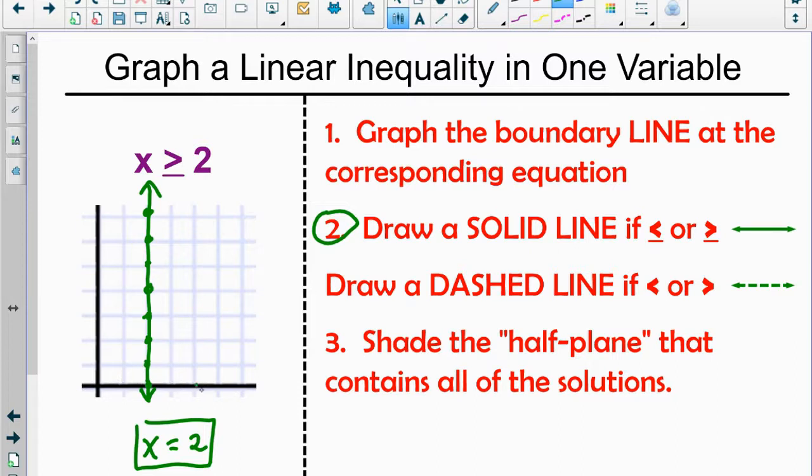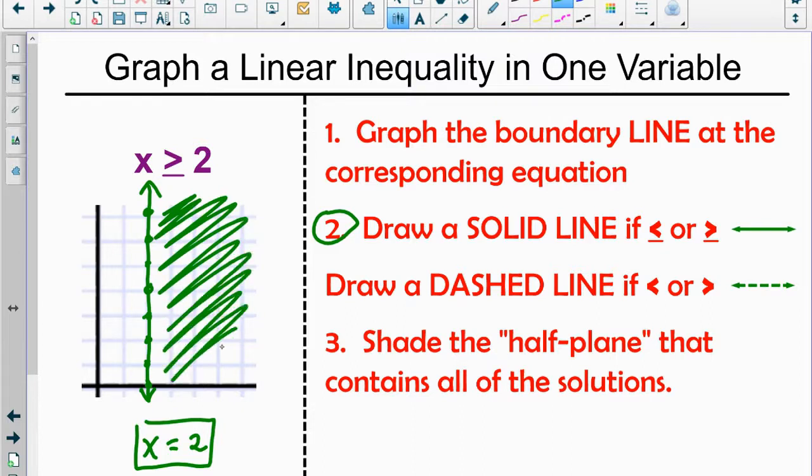All of these ordered pairs, where the x-coordinate is 4.5 and the y value can really be anything, are still solutions to this linear inequality. So we want to include all the solutions, not just the ones that appear at the intersections of the grid lines. To show all of the solutions, we simply shade the half plane, the entire right-hand side of that line.